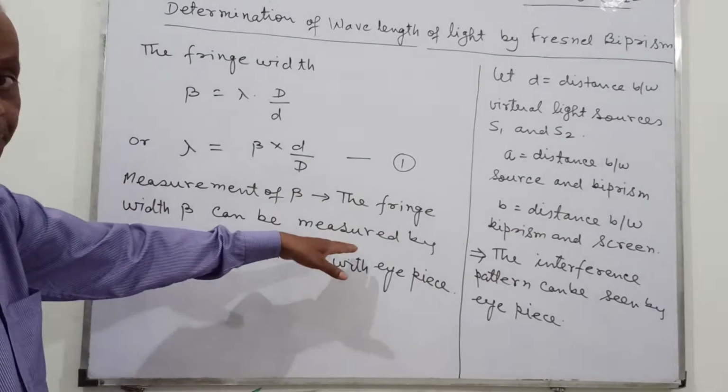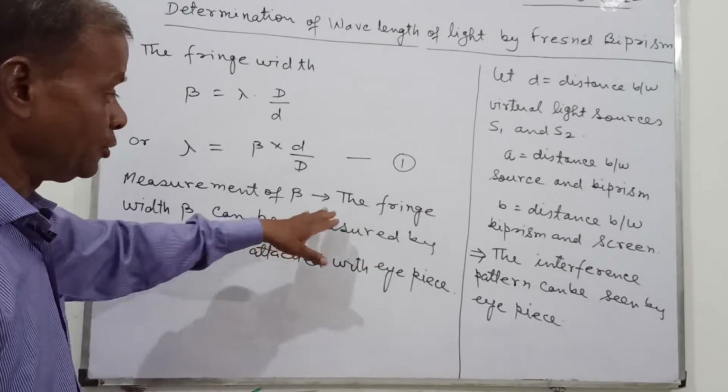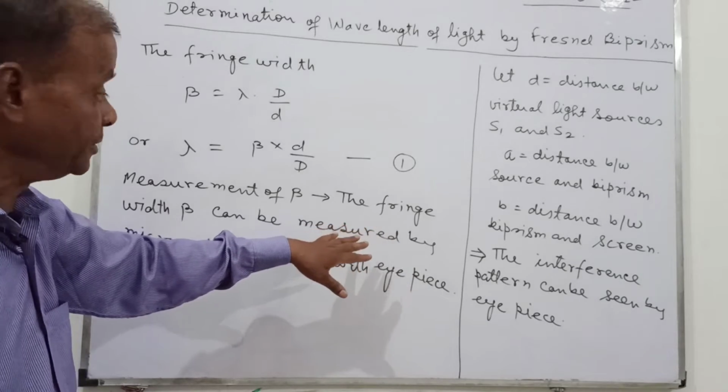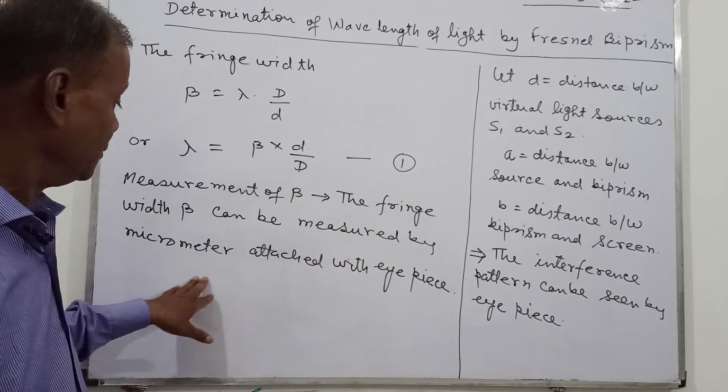So this micrometer is available to us, so we can measure the fringe width beta by this micrometer.